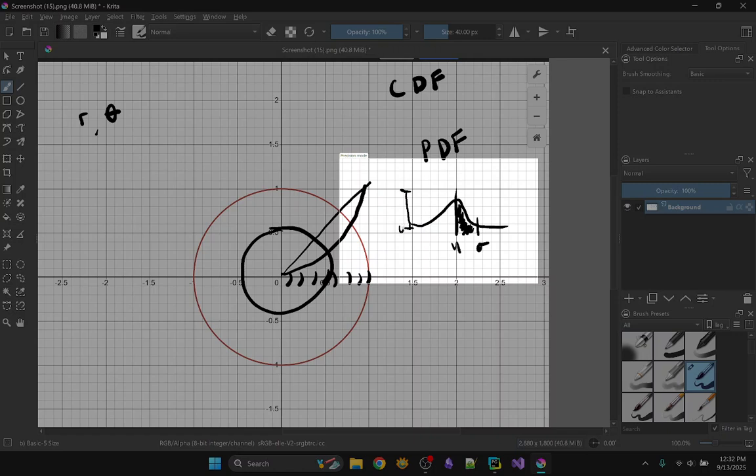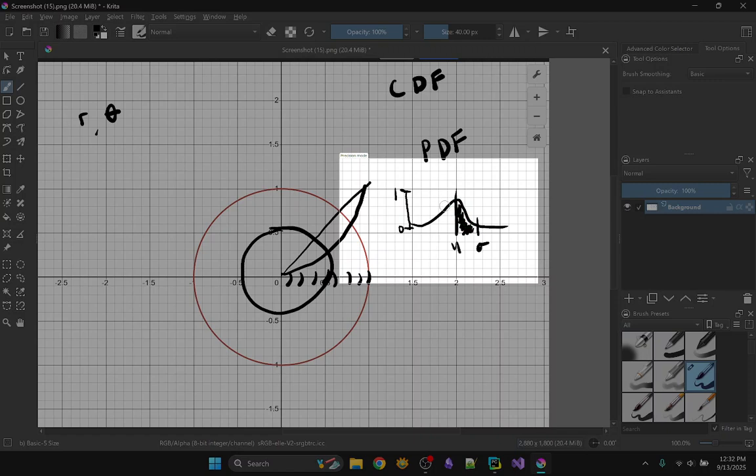And down here it's 0, but up here this could be 1. We could say that the highest point on this normal distribution has a probability of 1. But the normal distribution, since it's a probability distribution, is not a cumulative thing.